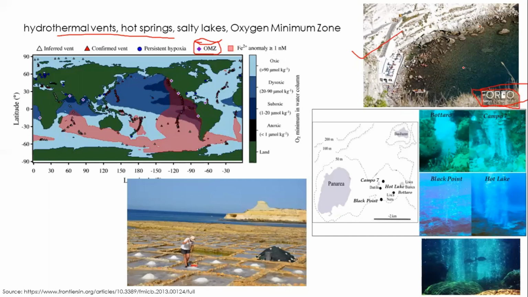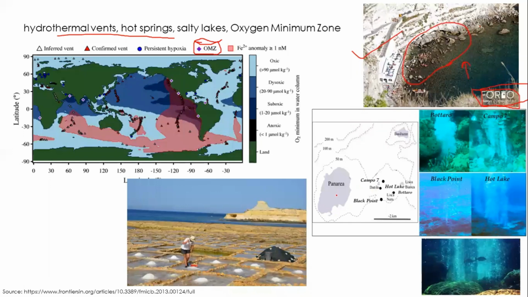What happens due to the volcanic activities? There are vents from where the heated water is coming to the surface, and people are actually taking therapies or open sauna in the sea. Okay, so here also we have a rich microbial biodiversity.